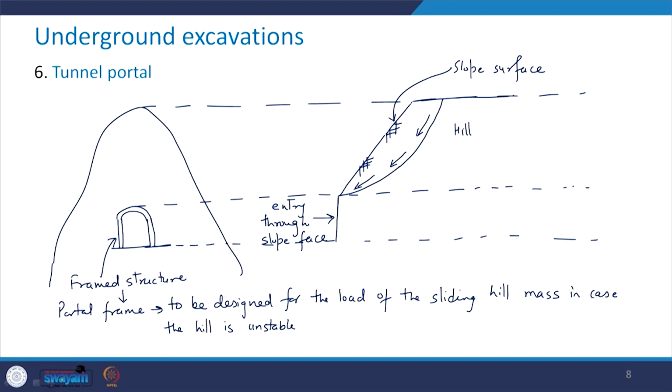So in case this portion has a tendency to slide, then this portal frame should be designed in such a manner that whatever is the load because of this sliding mass, this portal frame should be able to take that much of the load. So this kind of frame structure is called as the portal frame and also called as tunnel portal.